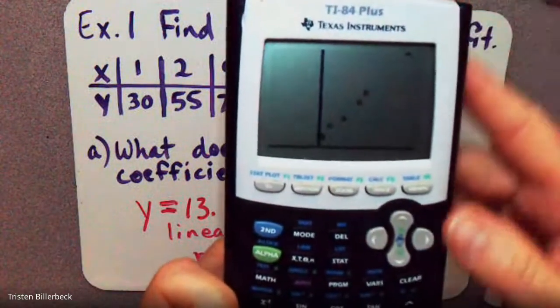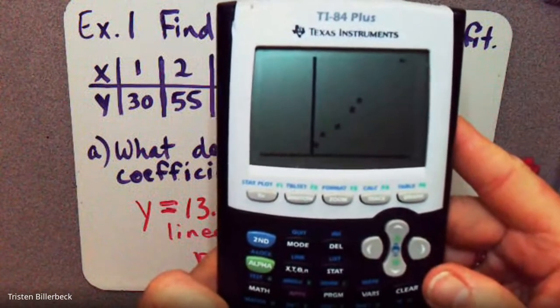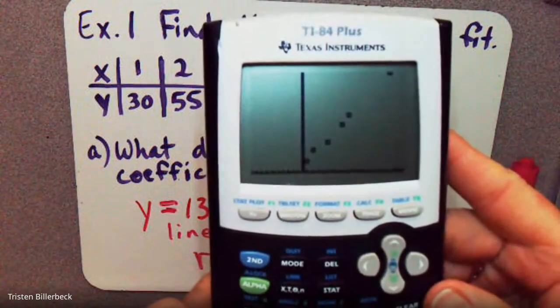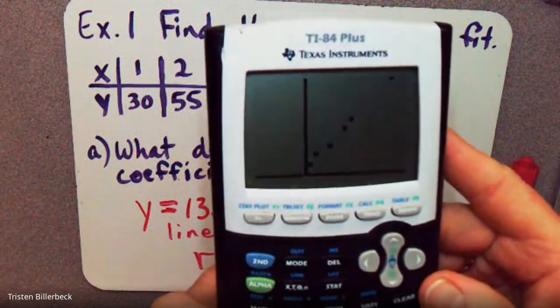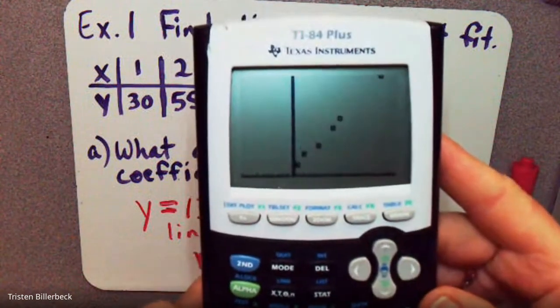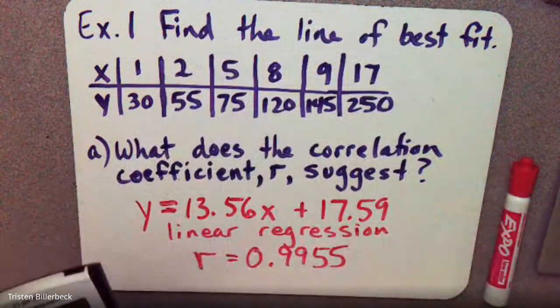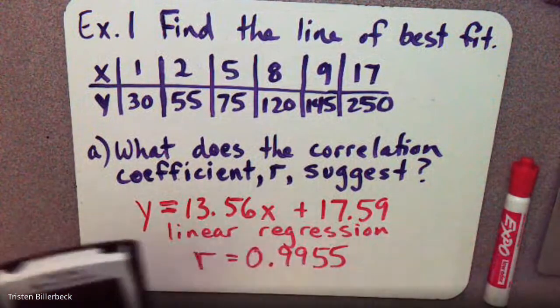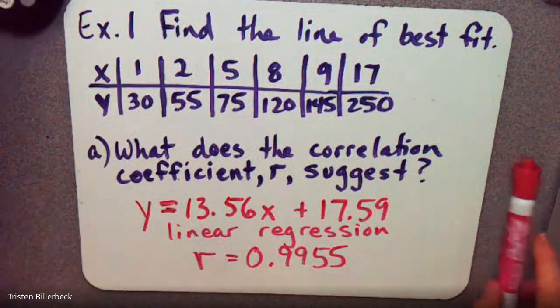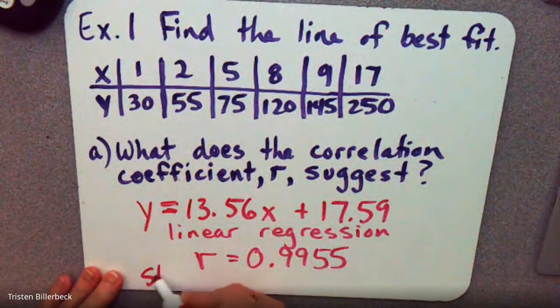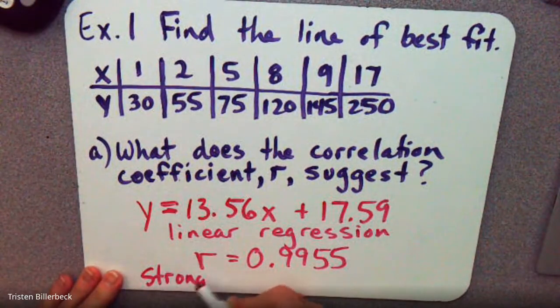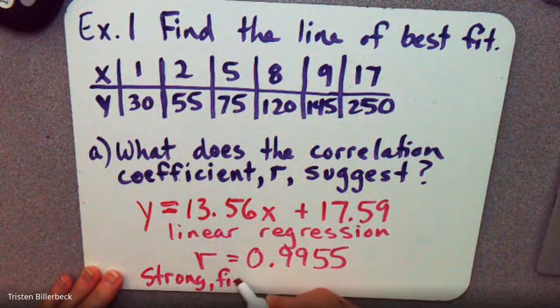So it really does show that it's following a line really well. So that has a strong correlation, a strong positive correlation, actually. So when we look at the correlation coefficient, we can say that is definitely a strong, almost fierce. We can write fiercely.